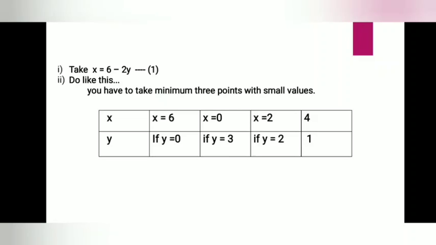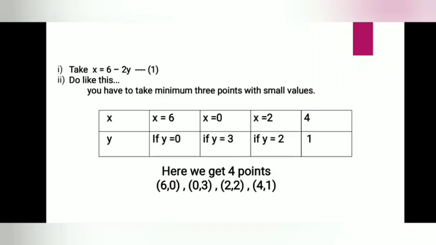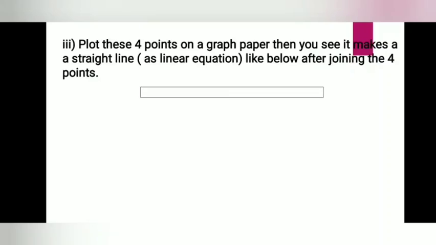You have to take the minimum 3 points, right? See, first point x equal to 6, y equal to 0. Second point, x equal to 0, y is equal to 3, and so on. You plot these points on the graph paper.